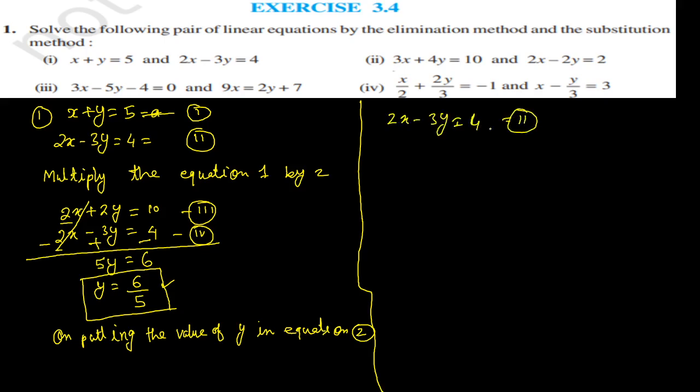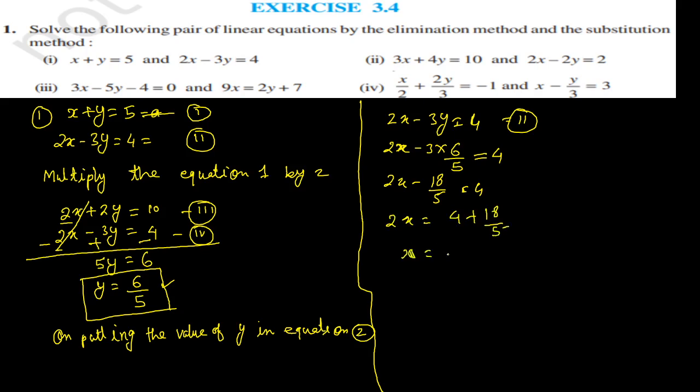This is your equation number 2. On putting the value of y in this equation, in place of y we can write 6 by 5. So here 2x minus 18 by 5 is equal to 4. So 2x is equal to 4 plus 18 by 5.